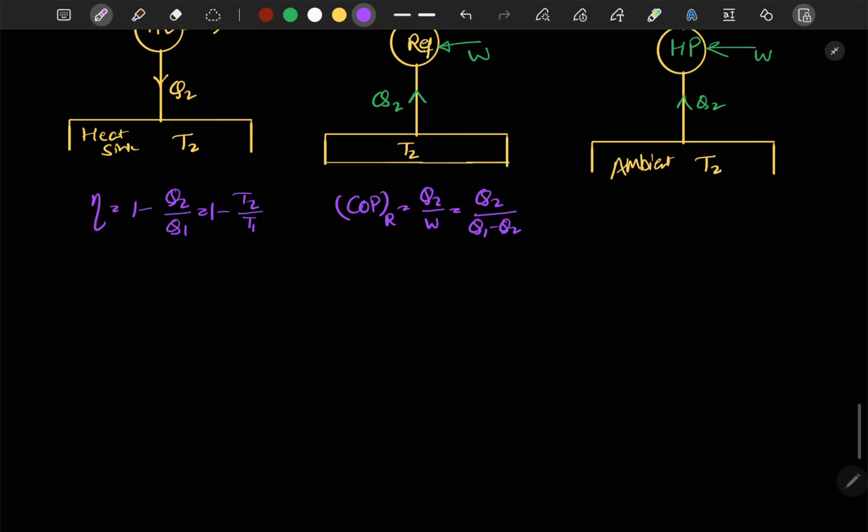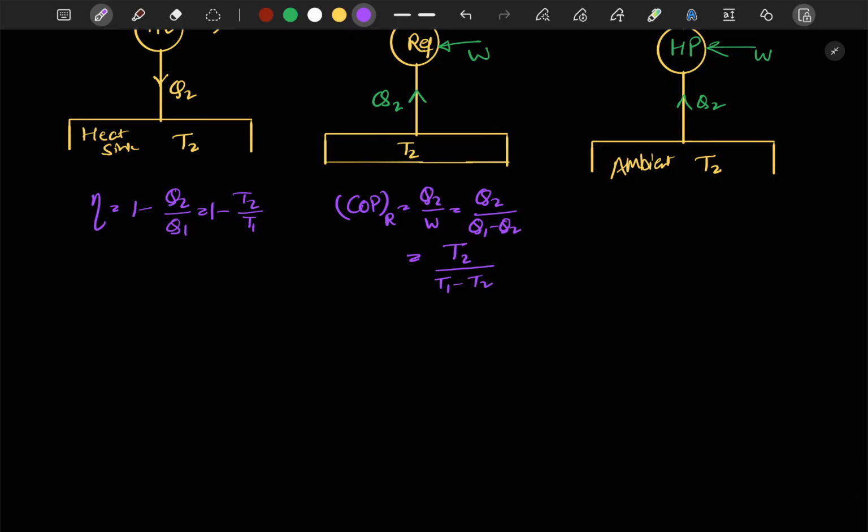I think you remember this point. Or in case of Carnot, we can write it as T2 upon T1 minus T2. I hope you understood this point.